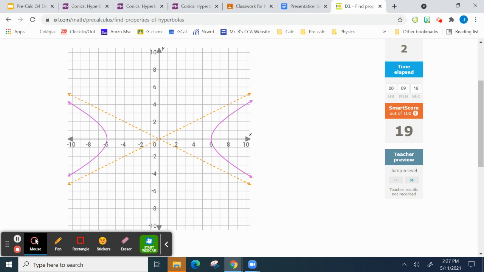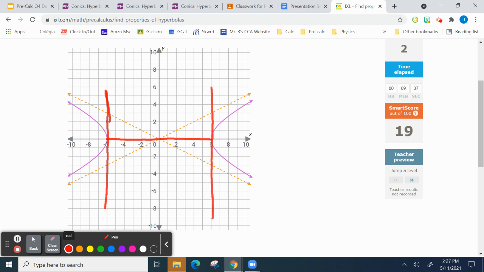All right, so here we go. Let's look at this again. There's your transverse axis right here, right? There's your line, right, like that. And that intersects the asymptotes right there and right there.